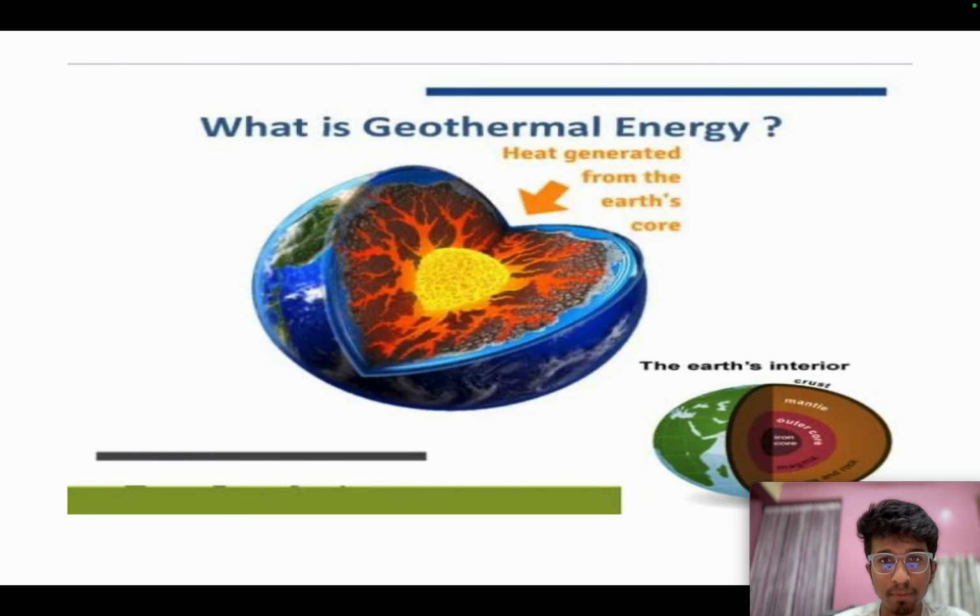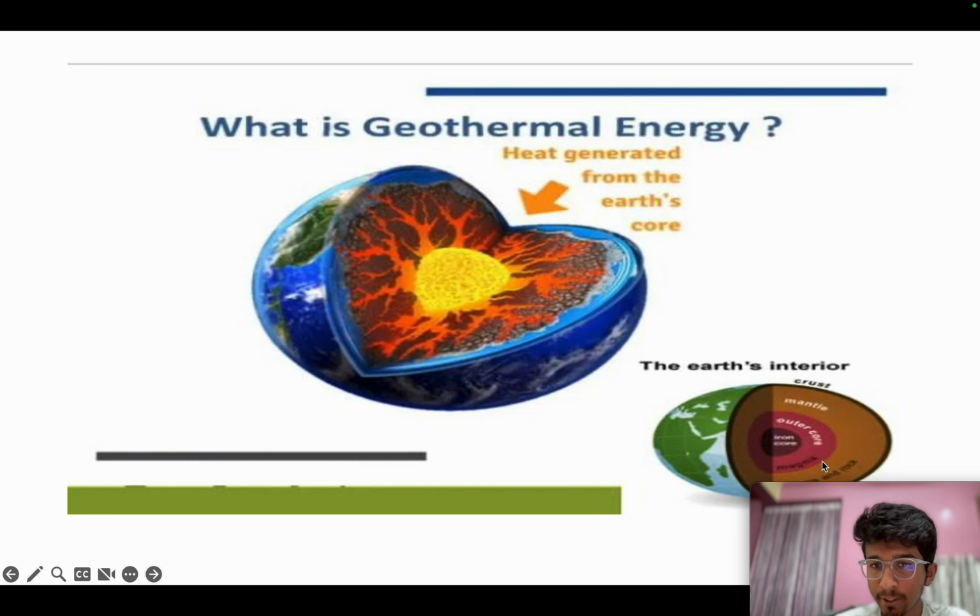So, what exactly is geothermal energy and how is it formed? As we know, from the core to the Earth's surface, the core is very hot, with extremely high thermal content. Therefore, as we move from the core to the Earth's surface, the heat gradient gradually decreases. The Earth has three layers: the crust, the mantle, and the core.